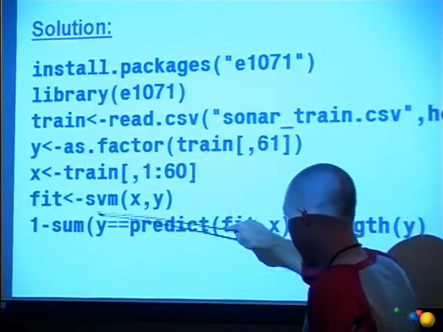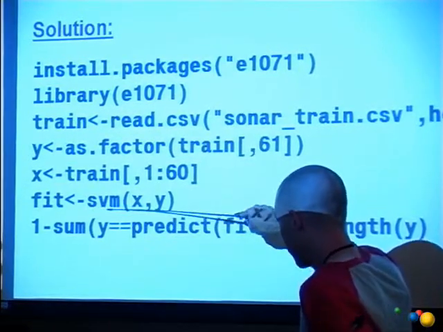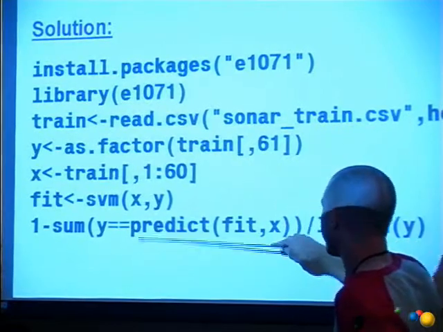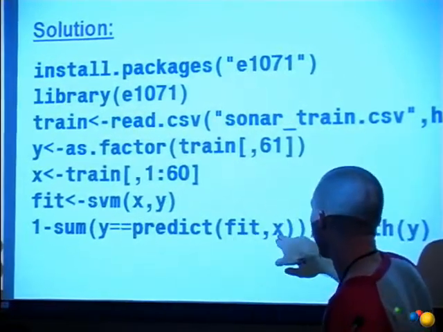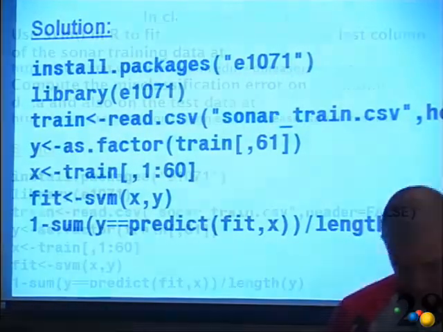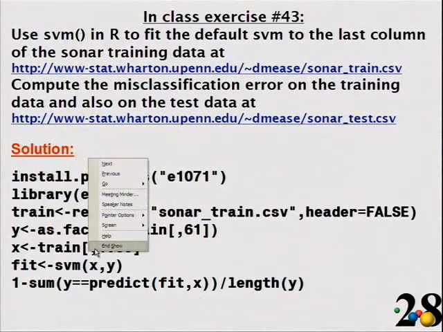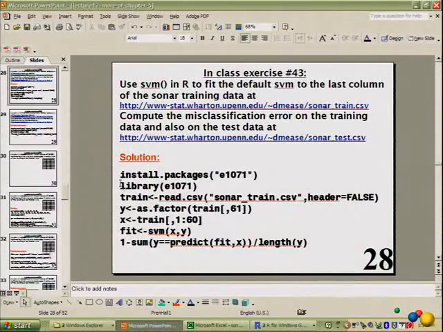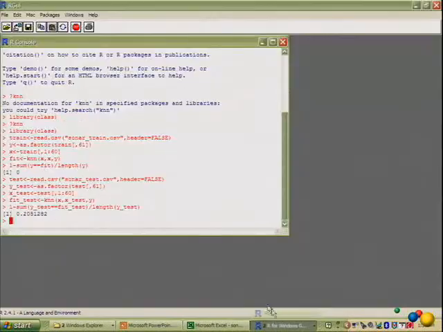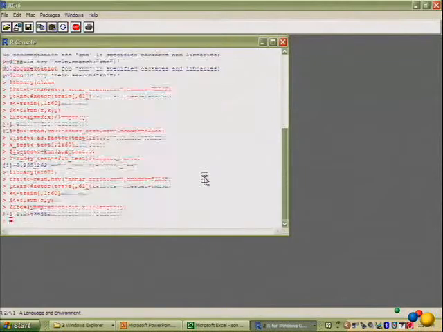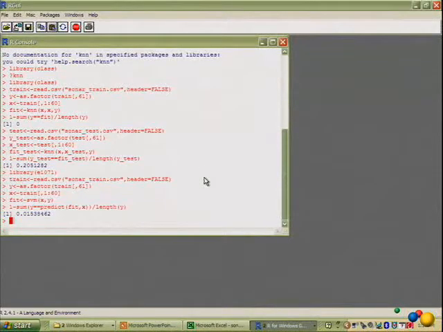So I have this fit object that gives me a separating hyperplane, and then I can predict using the fit object, so I can predict the fit for x. This would just be misclassification error on the training data, which I don't care about too much, but just so we can compute it, I will do that. And you'll see that on the training data, it actually gave me 1.5%.